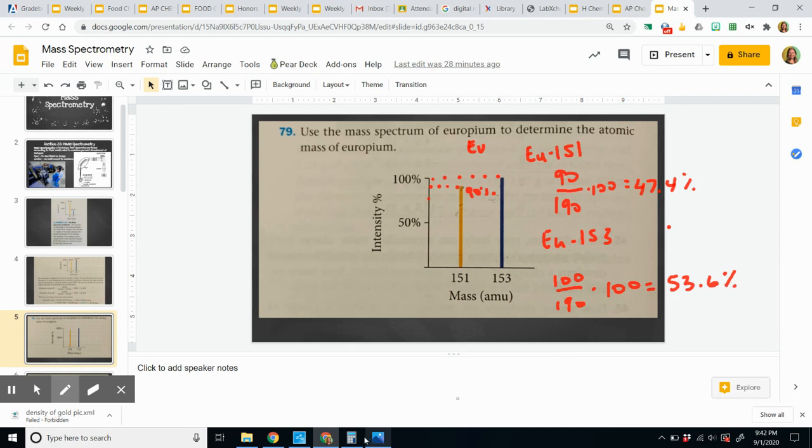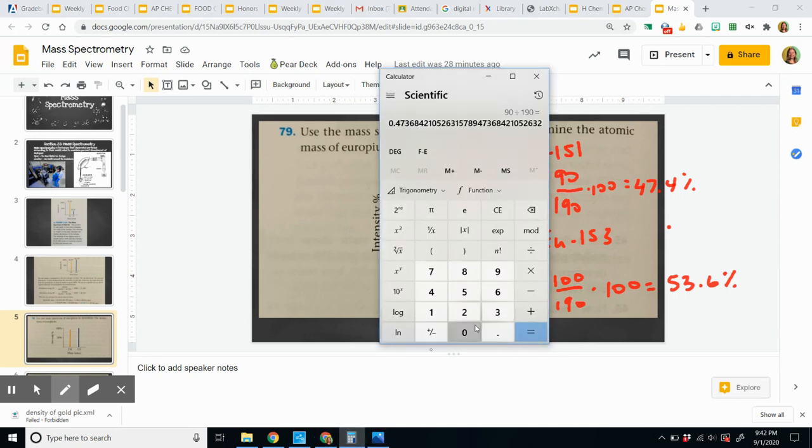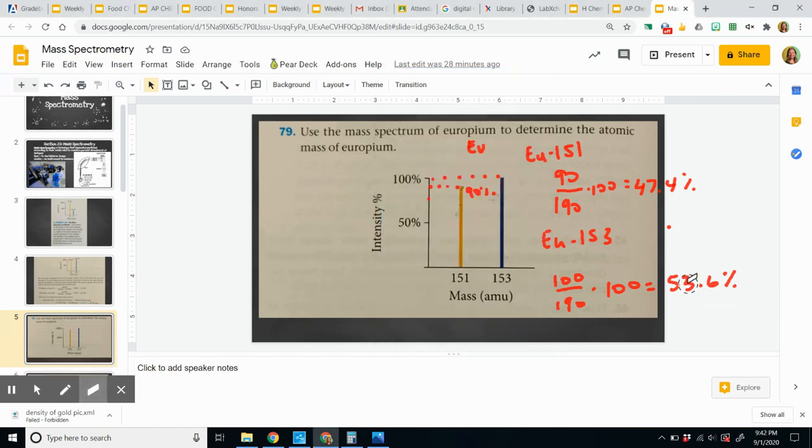Let's do that math just to make sure that my brain is working. 100 divided by 190 equals, oh, good thing I checked, it's 52.6. There we go. Now it's correct. Okay, so that is only the first part.